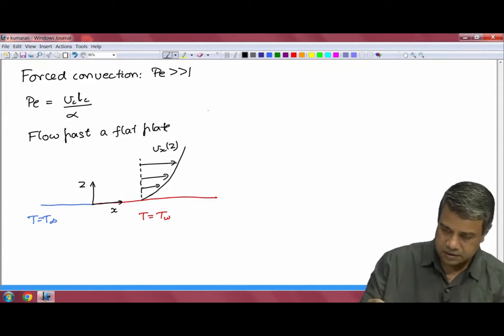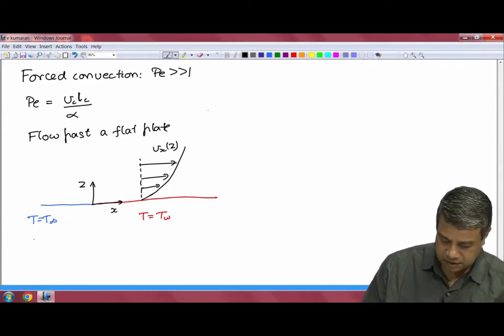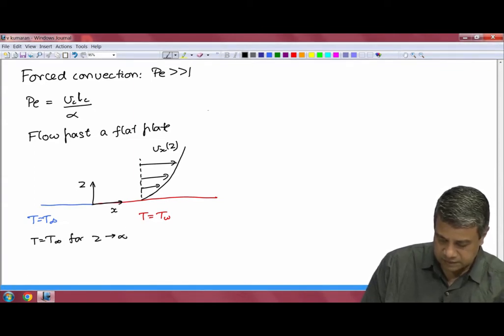So, the temperature conditions are T is equal to T infinity for z going to infinity, that is far from the plate.